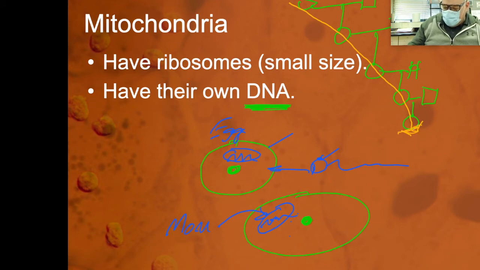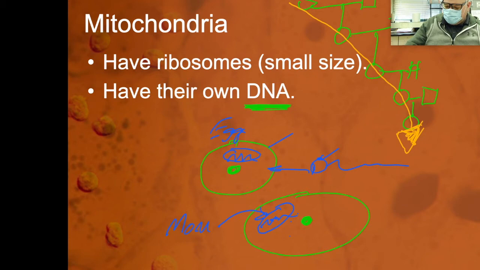So we can really use this in some interesting ways. This doesn't mutate very often, and it definitely doesn't change because there's no mixing of genetic material from mom and dad. So if I ask you, whose DNA do you have more of? You have just a little bit more of mom's because of that mitochondrial factor.